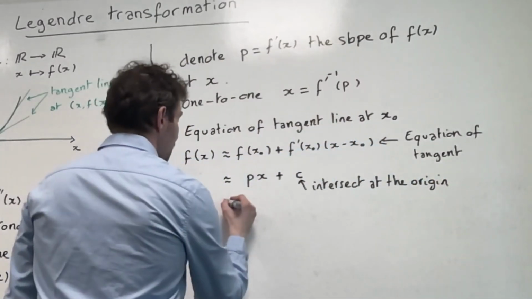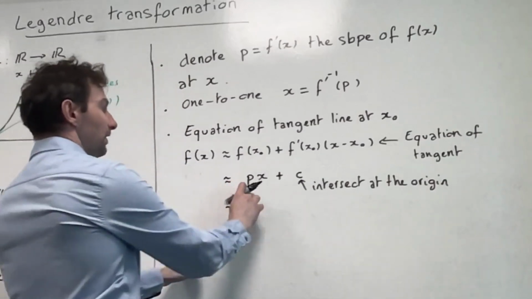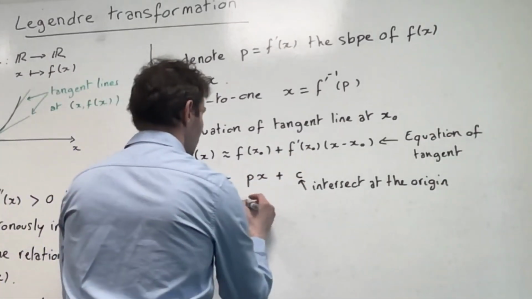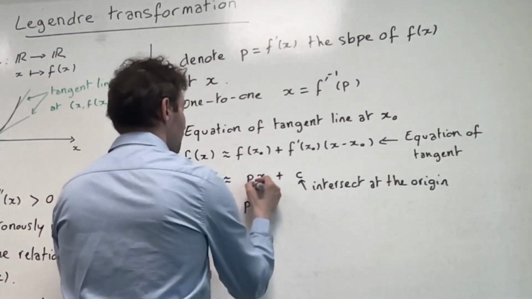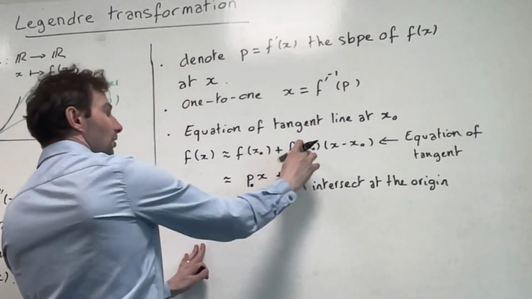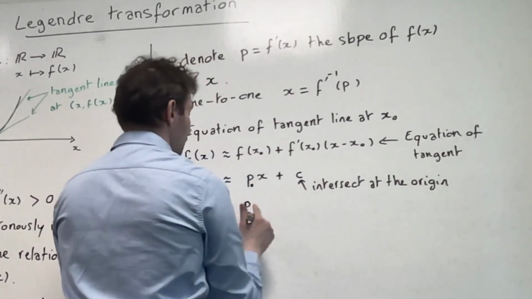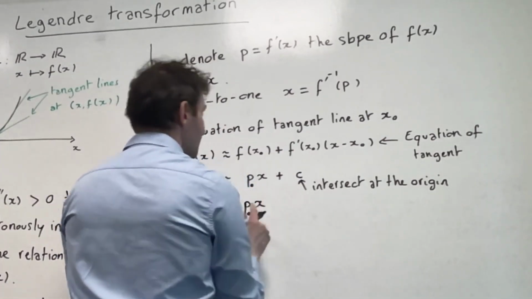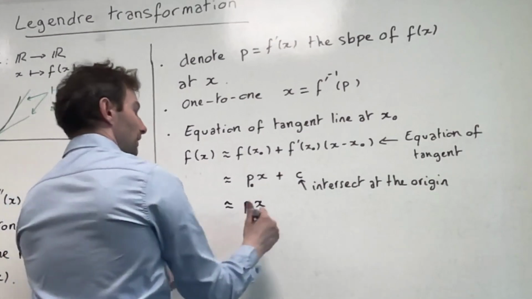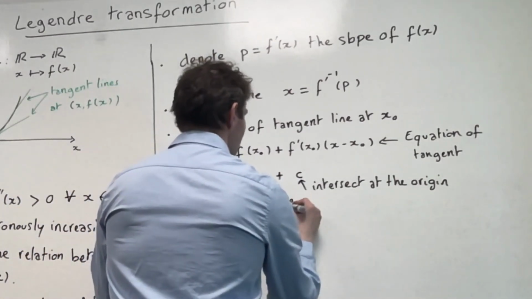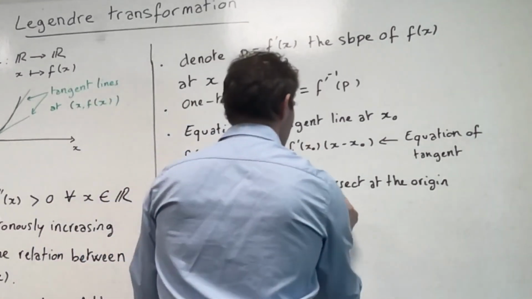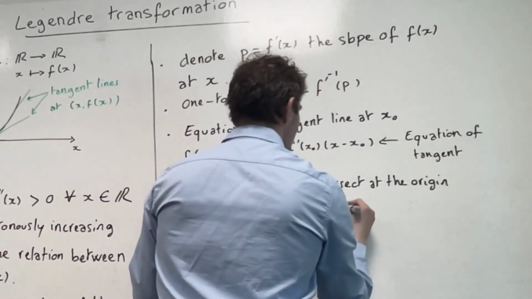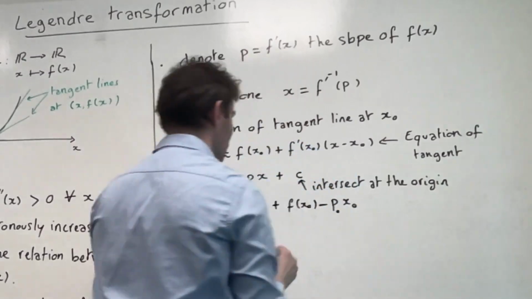Okay, and so what you have is that basically the p times x is actually f prime. So I still keep it there. So that's p. Let's call that p0 because that's corresponding to x0. I've got p0 x, and then I've got plus f of x naught, and then minus p0 x naught.